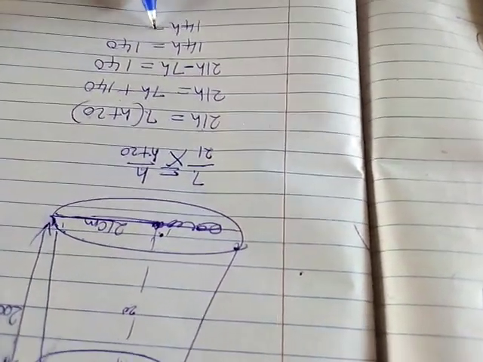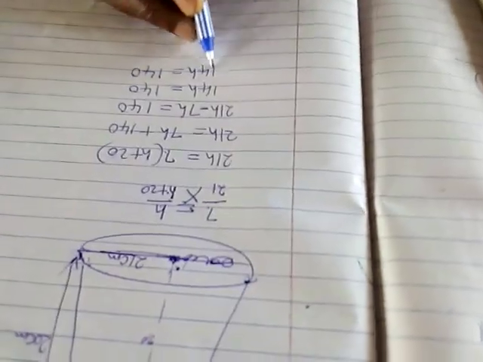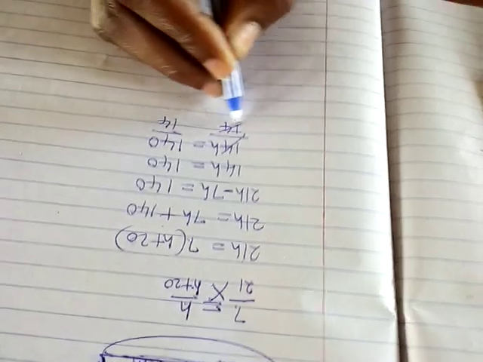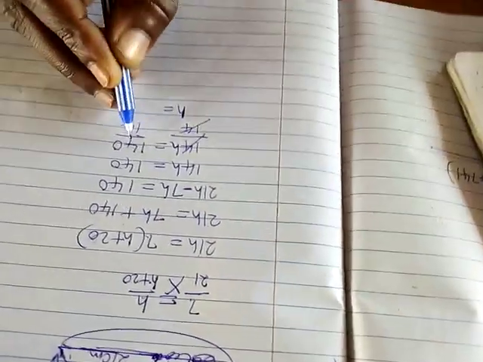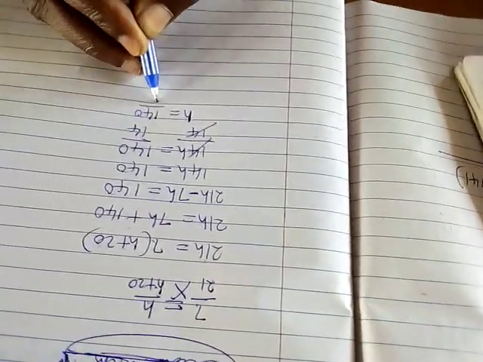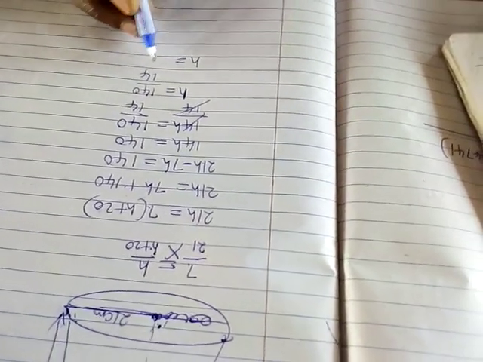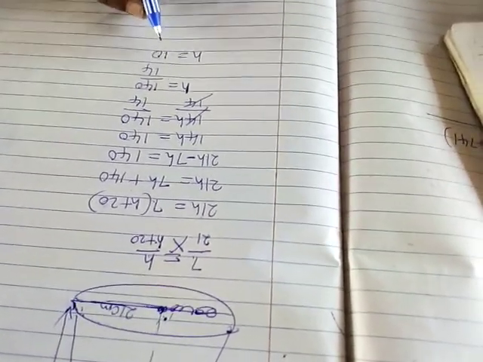So what do we do now? We divide by 14 so that we remain with h. 14 and 14 cancel, we remain with h equal to 140 divided by 14. So 14 into 140 is 10.